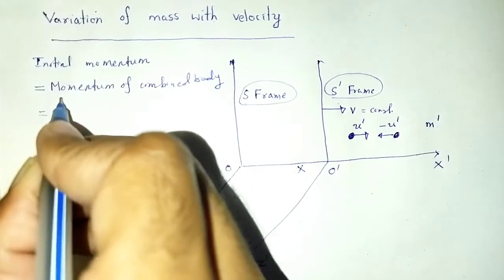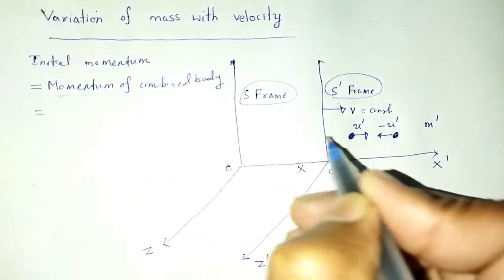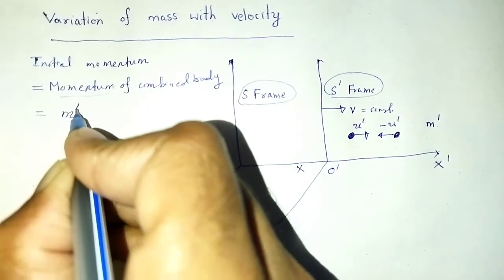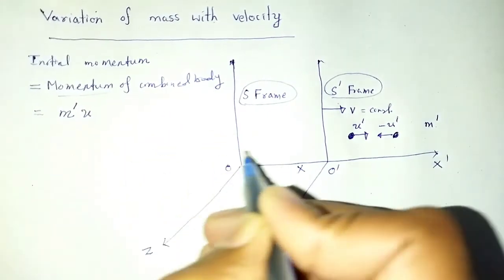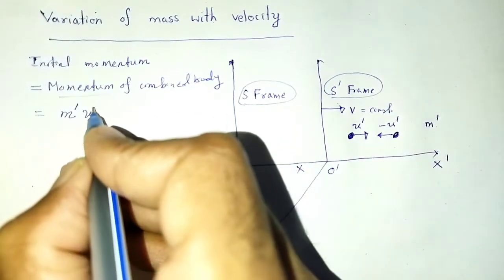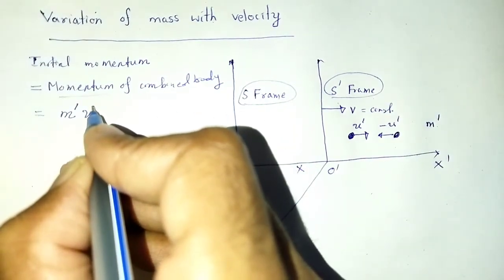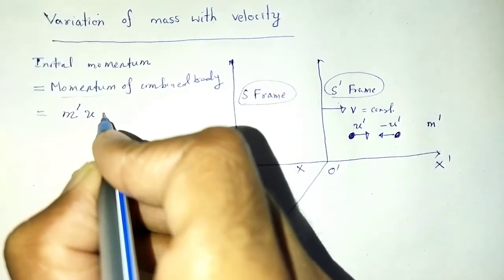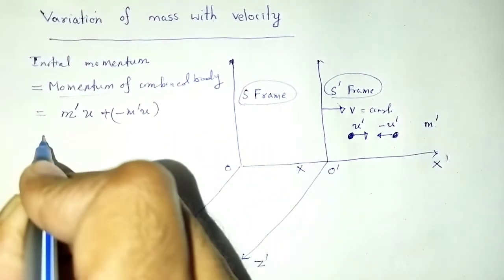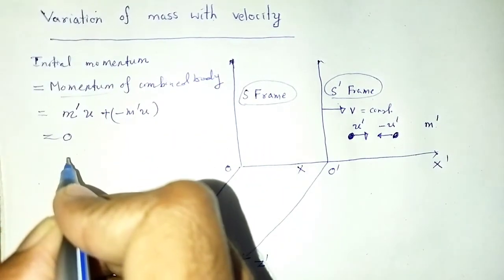That is, the momentum of the combined body will be mass into velocity, that is m'u' plus m'(minus u'), which is 0.